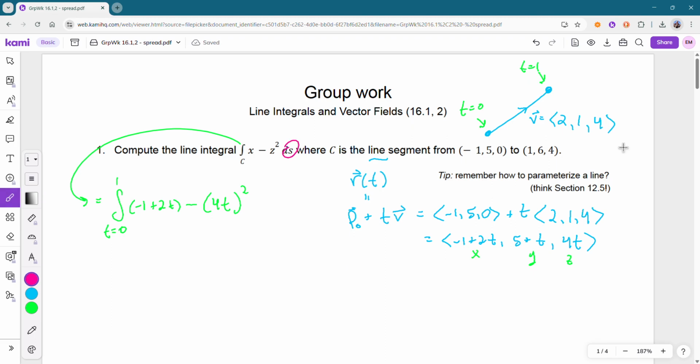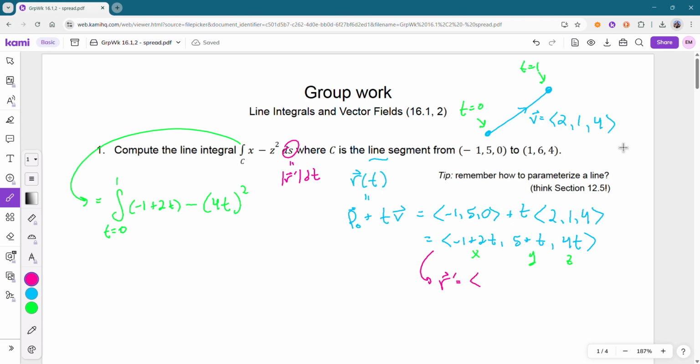And then our ds differential, this is the magnitude of our derivative dt. And so here for our parameterization, we just need to compute this thing's derivative.